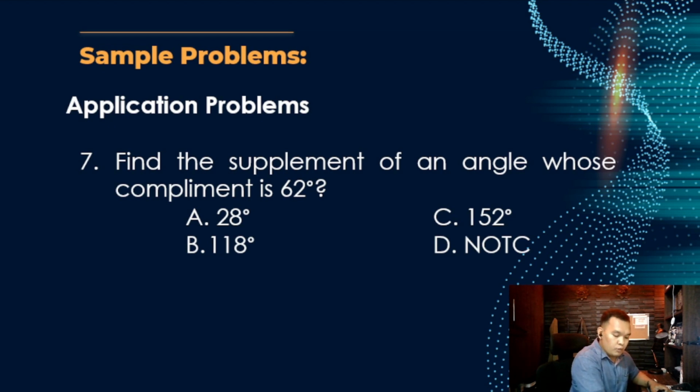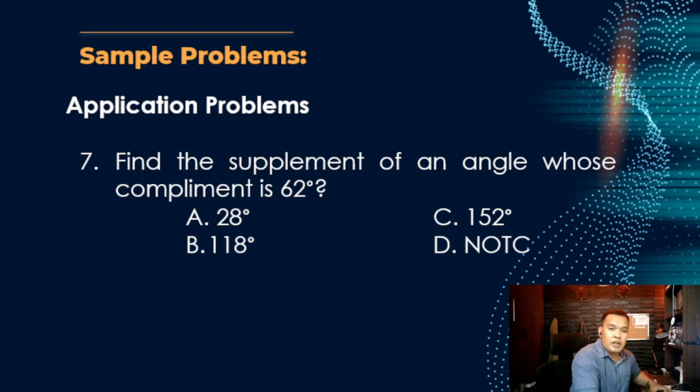So, pwede ka sabihin x, yung angle na hinahanap natin, plus 62 is equivalent kay 90 degrees. So, we could get the value of x is equivalent kay 28 degrees.